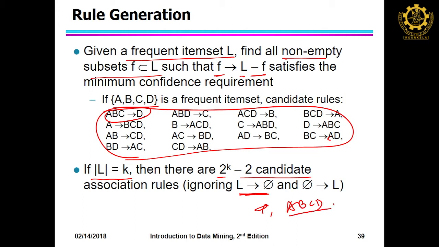You cannot make the rule A, B, C, D to A, B, C, D minus A, B, C, D, which would be null. So, these two are discarded. Therefore, the number of rules will be 2 to the power k minus 2.